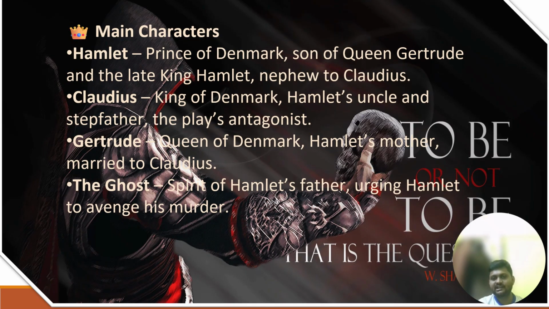He is Hamlet's uncle and is also the antagonist or the villain of the play. The third character is Gertrude. She is Queen of Denmark and is Hamlet's mother. The fourth character is the ghost. It is the spirit of Hamlet's father who urges Hamlet to avenge his murder.